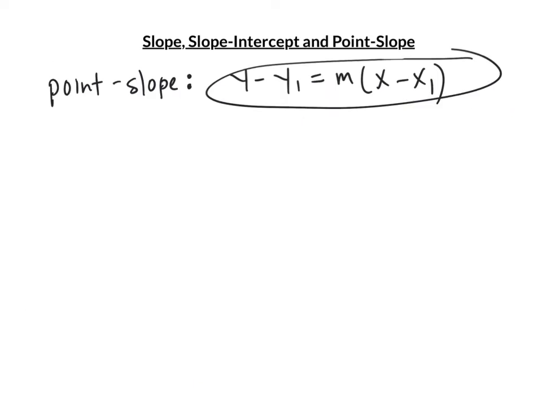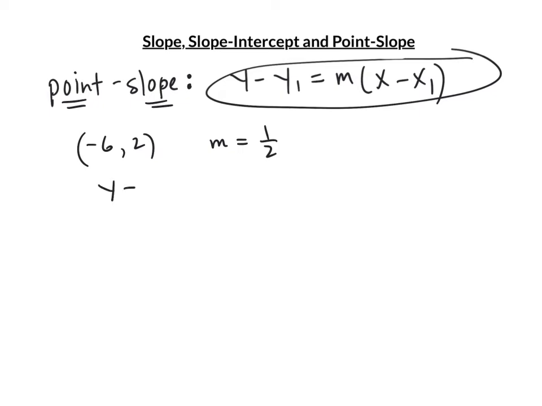A key thing to understand about point slope is that you need a point and a slope to use it. You must have a point and a slope. So there are two situations you'll get into. Sometimes you'll get a point, like say negative 6, 2, and a slope, m equals 1/2, and you'll just plug it in.